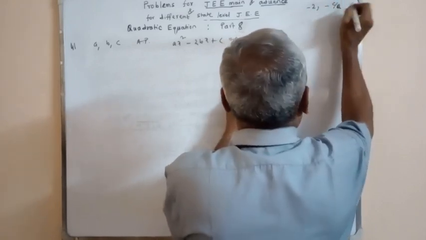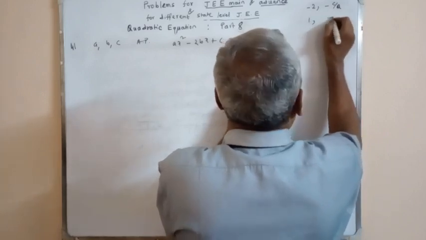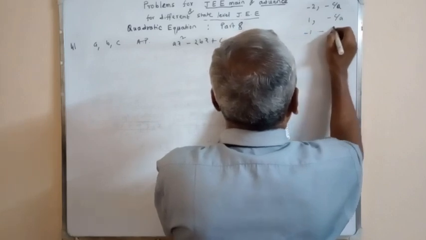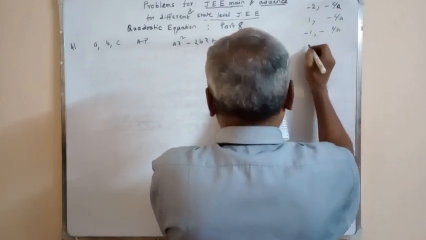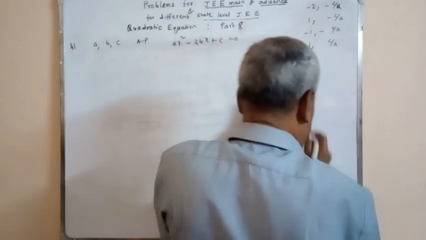Second option is 1 comma minus c by a. Third is minus 1 comma minus c by a. Fourth option is 1 comma c by a.